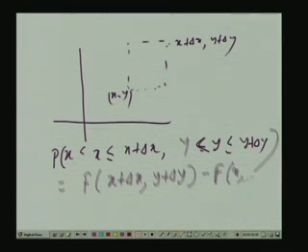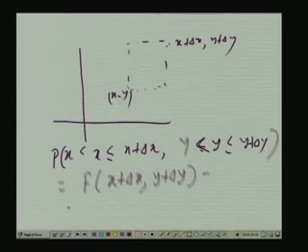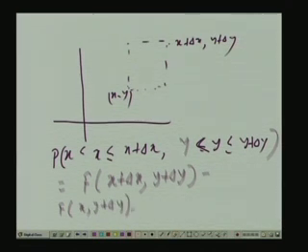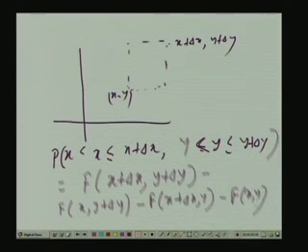Minus this point. So, then this point. Okay. This is the probability.